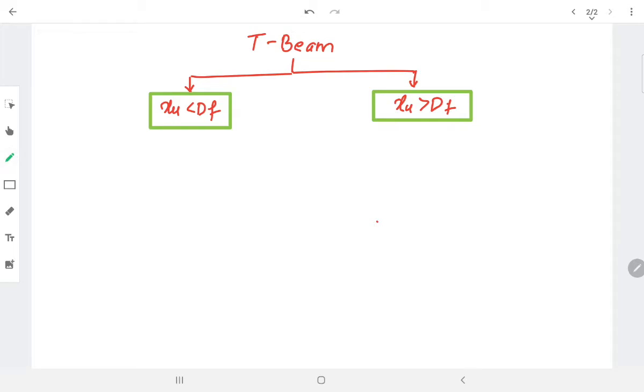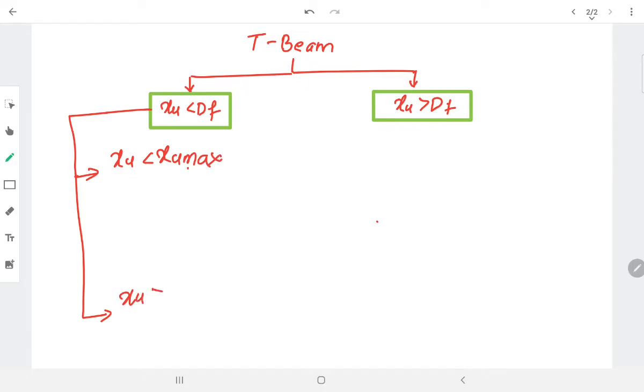Once that is over, in that also again we'll be getting 2 cases. One is xu less than xu max, whether it is under reinforced, or xu greater than xu max, over reinforced. In this also there are 2 conditions.